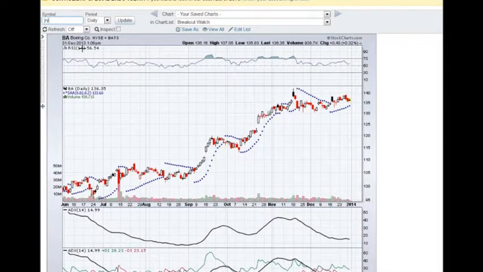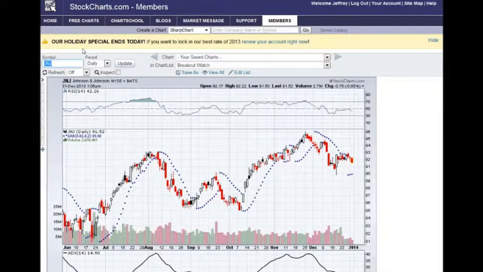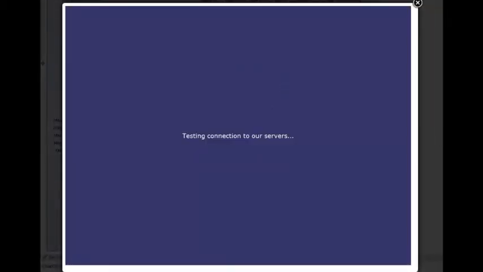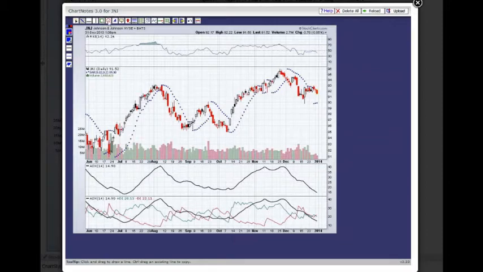So let's take Johnson and Johnson. It's not the greatest example of a failure swing, but we can see a little bit of this. A failure swing is either a bullish or a bearish reversal. We have very few failure swings in the market that are bullish reversals.